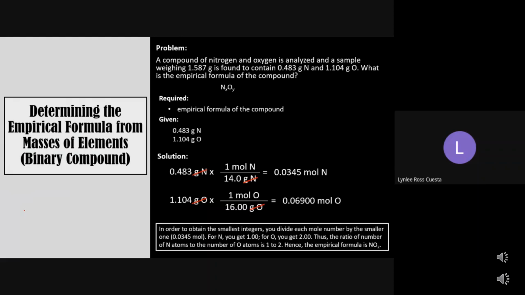In order for us to obtain the smallest integer, we simply divide each mole number by the smallest one.